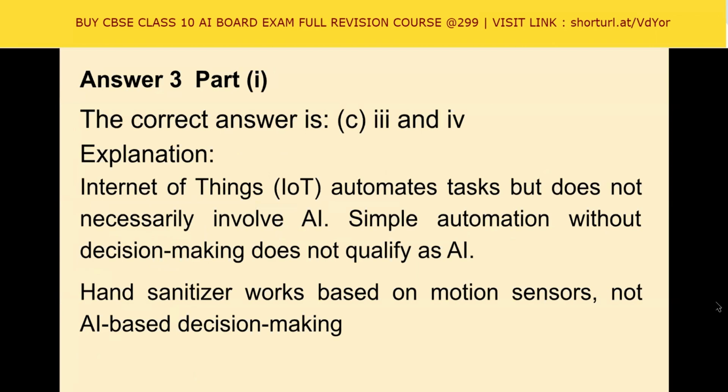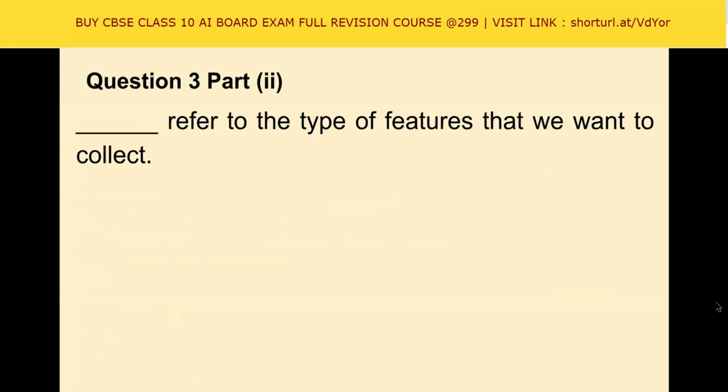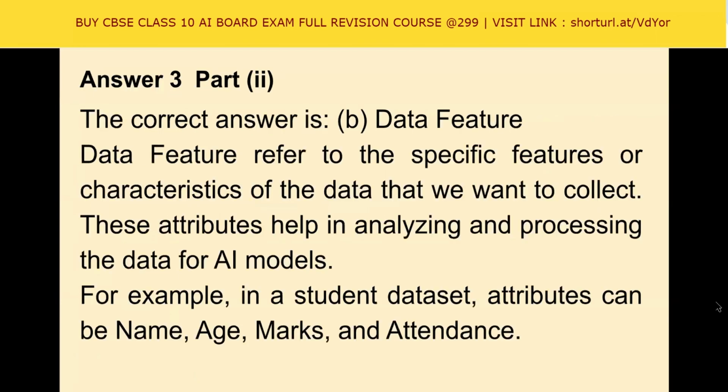So Internet of Things, IoT, basically automates the task. It does not necessarily involve AI. If Alexa is in some machine, maybe it is programmed to do only a certain thing, right? And hence sanitizers are based on motion sensors, not AI. Now, dash refers to the type of features that we want to collect. Now, what are the features in any particular system? Basically, data features.